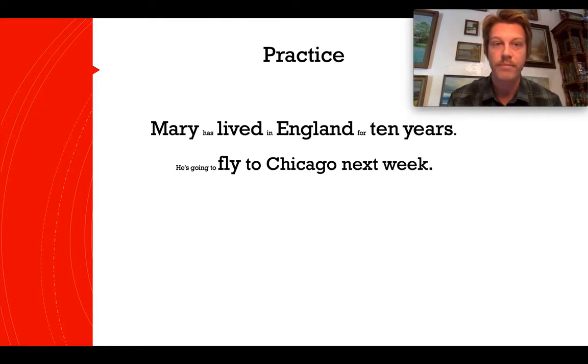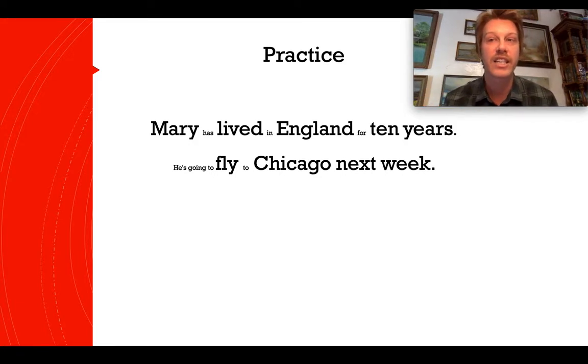There's our action. So he's gonna fly to Chicago, the place. That's really important. Next week, not this week, not 4 weeks from now, but next week. Not next year, not next month. So this sentence will be, he's going to fly to Chicago next week.